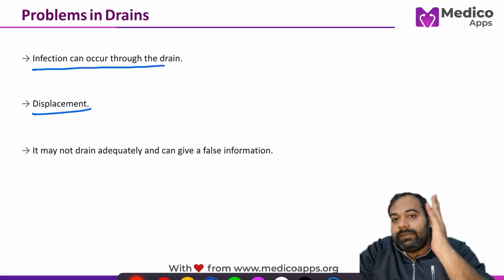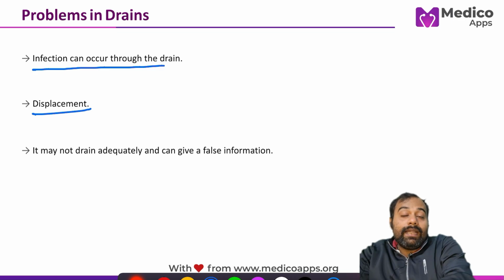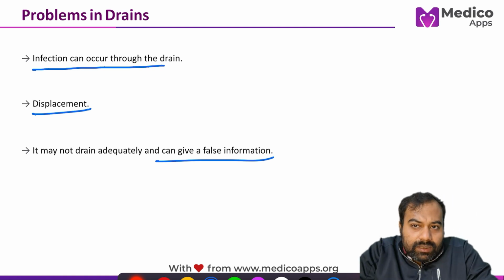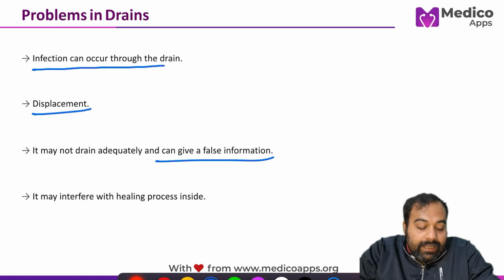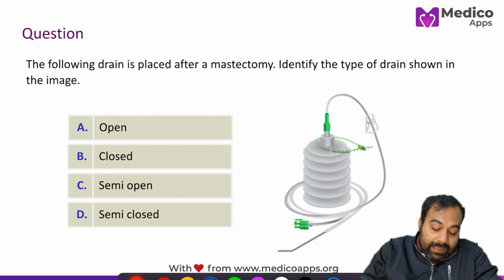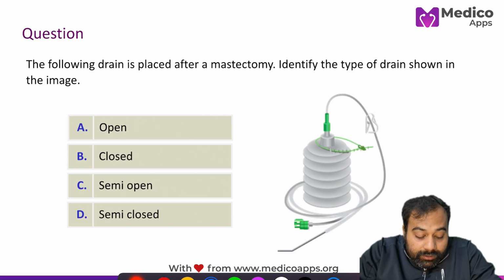As a result, no collection comes out into the reservoir, and it is also associated with false information. So these are the problems we might see with a drain, and it may also interfere with the healing process inside.